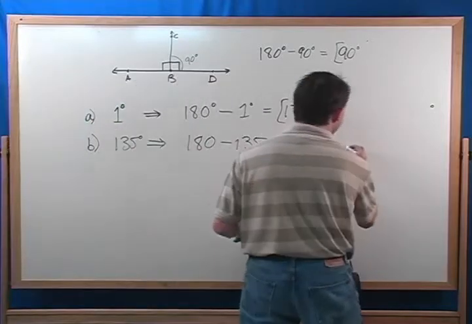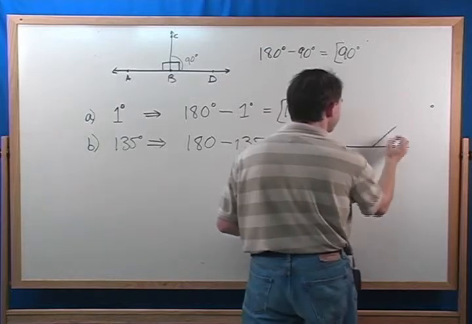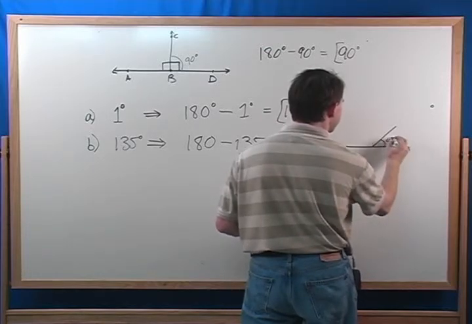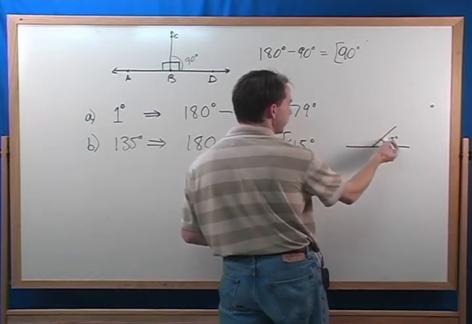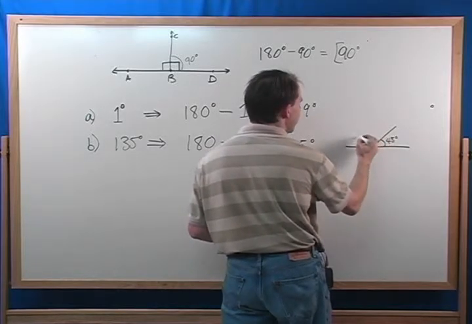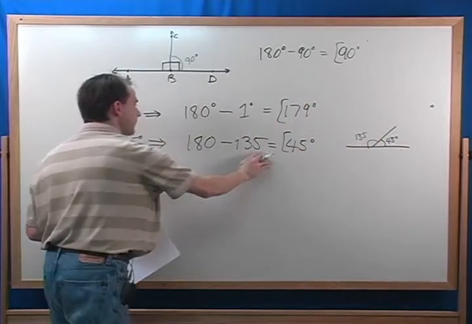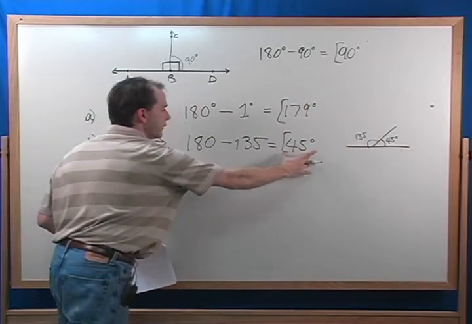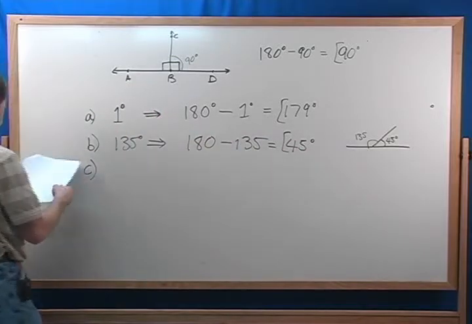And if you just wanted to check it on the drawing here and just see if it kind of makes sense, 45 degrees is about like this. And 135 degrees is roughly like that. You can use a protractor to figure that out. And so those add up to 180 degrees. But really all you need is the math here. And you can always check yourself. 45 plus 135 equals 180. So you know you have the right answer.